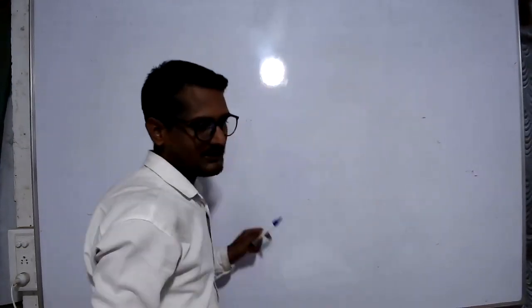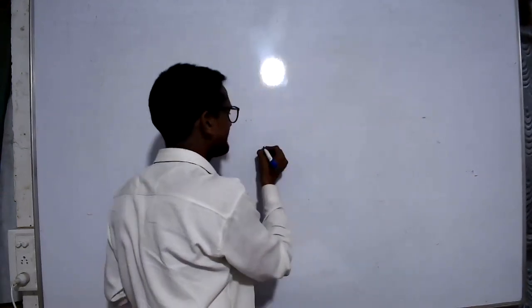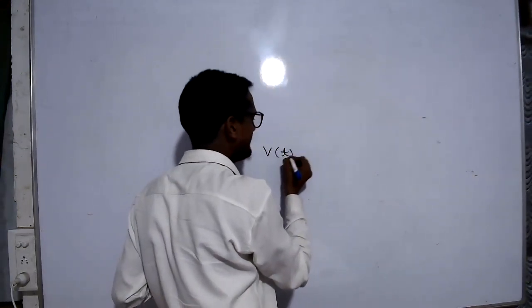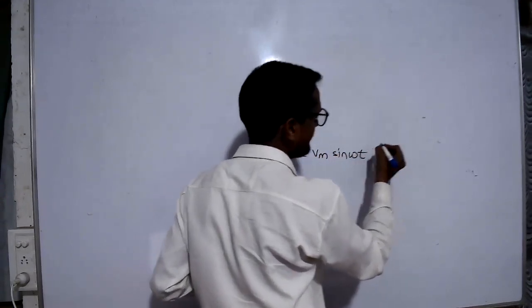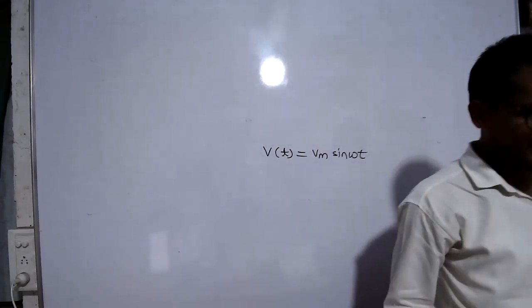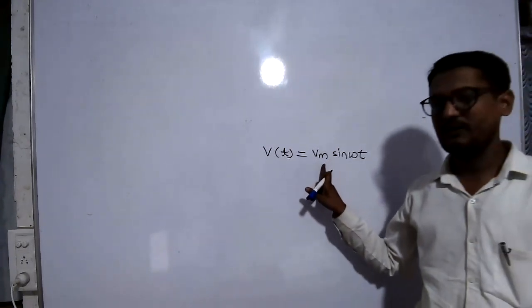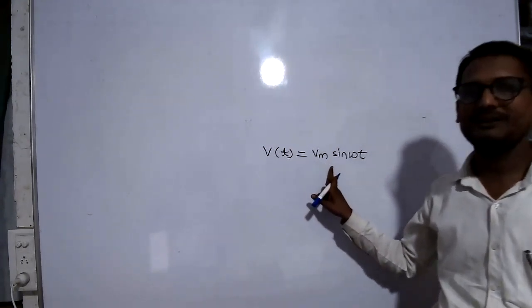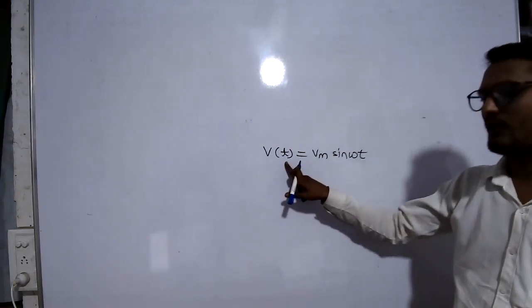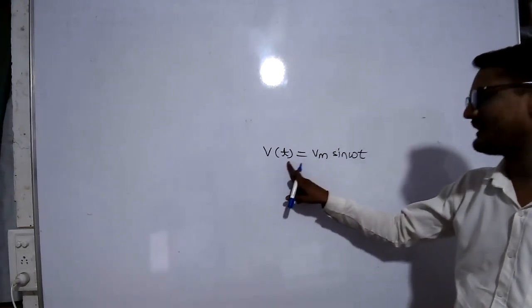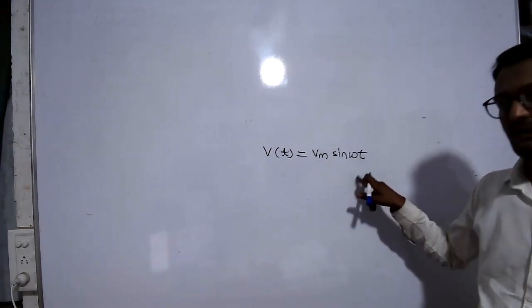The voltage equation for the sine wave, or the voltage equation for the AC, is: instantaneous voltage v(t) equals Vm sine omega t.